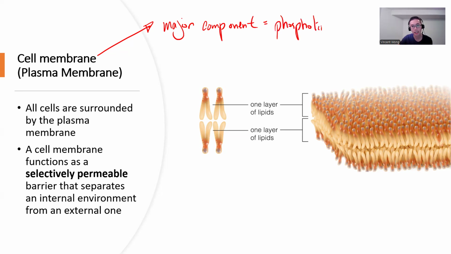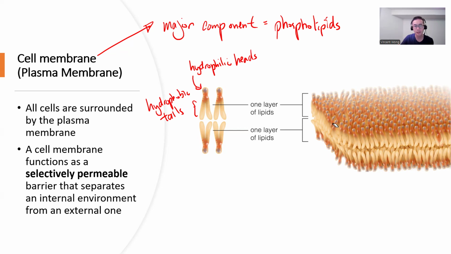Phospholipid. Very good. We learned that on Monday. That's what these things are, phospholipids. There is a hydrophilic head, which means it binds water, and then there are these hydrophobic tails. Together they form the cell membrane.